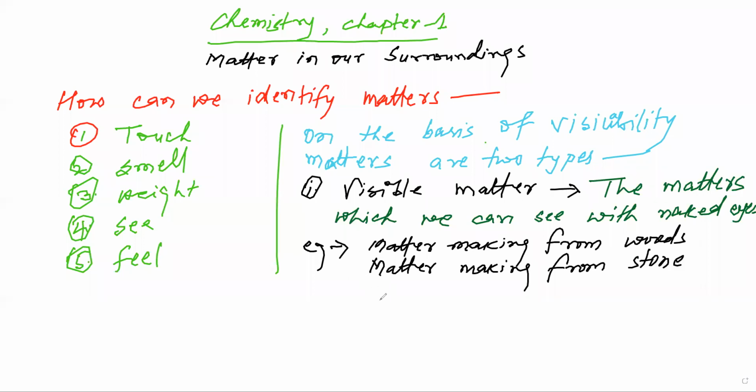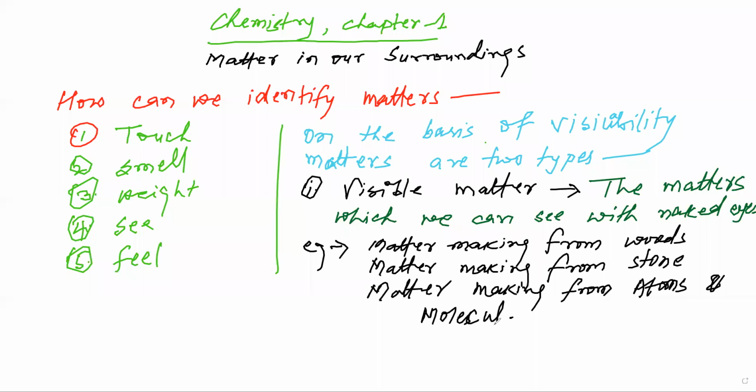You see matter made from atoms and molecules, or compounds also, etc. So these are some examples of visible matter.